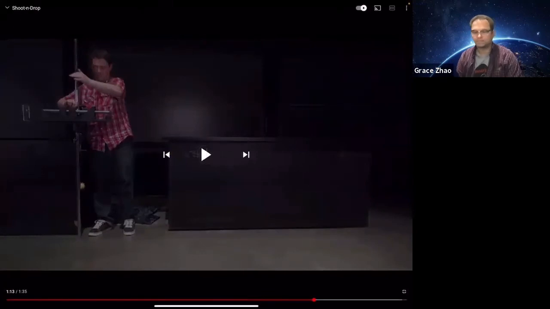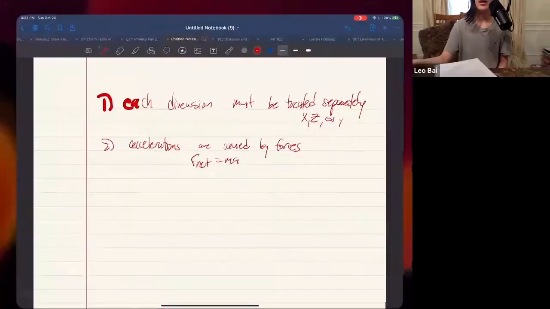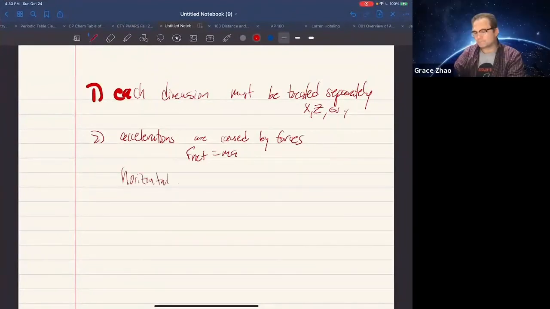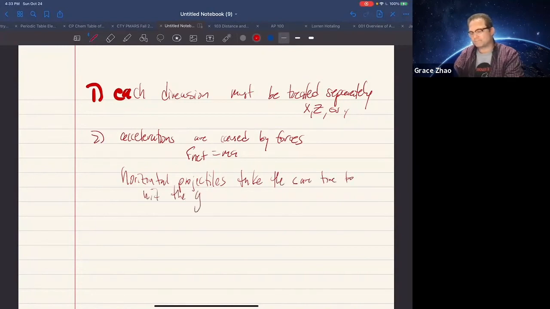What's the conclusion? They land at the same time. Right. Horizontal projectiles take the same time to hit the ground as one that is dropped.